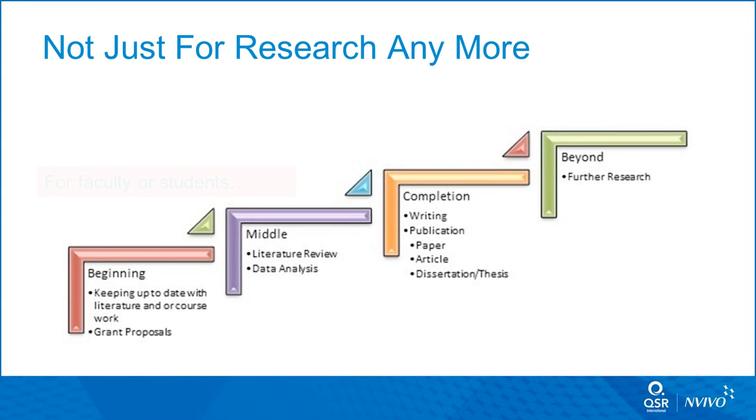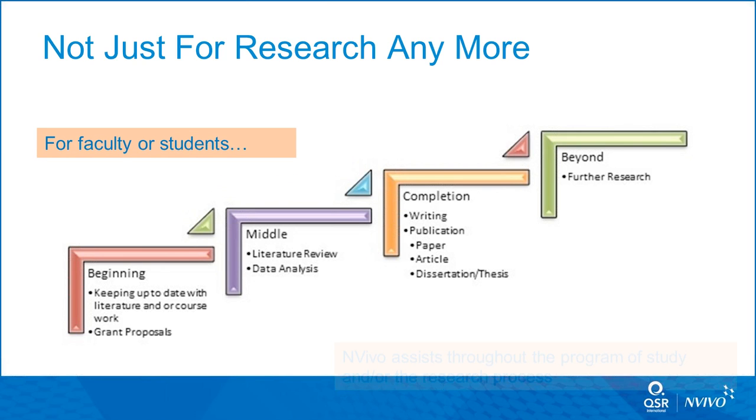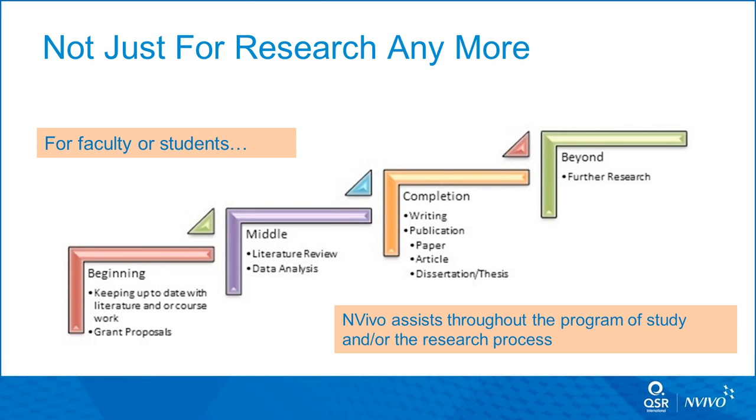And one of the things that I like to mention is it's not just for research of unstructured non-numeric data. NVivo has tools that can be of assistance. For example, on a personal note, I used it for the literature review that I did as part of my dissertation work.